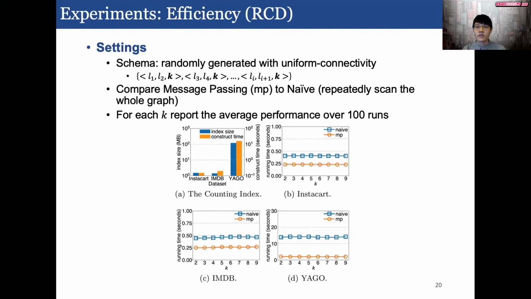For the efficiency of RCD, we use synthetic schema to evaluate the message passing method against the naive method on 3 large datasets. It can be seen that count index is time and space efficient, and message passing outperforms naive in all datasets.